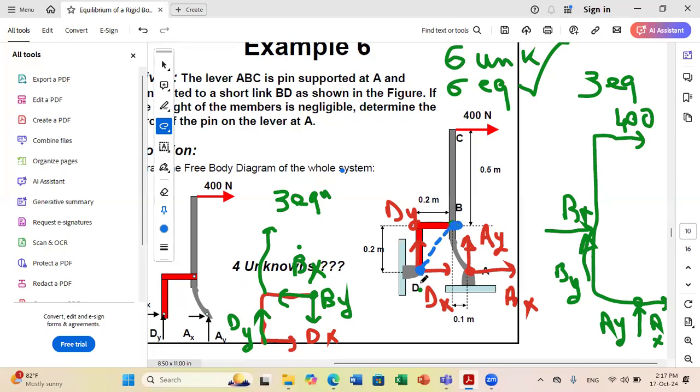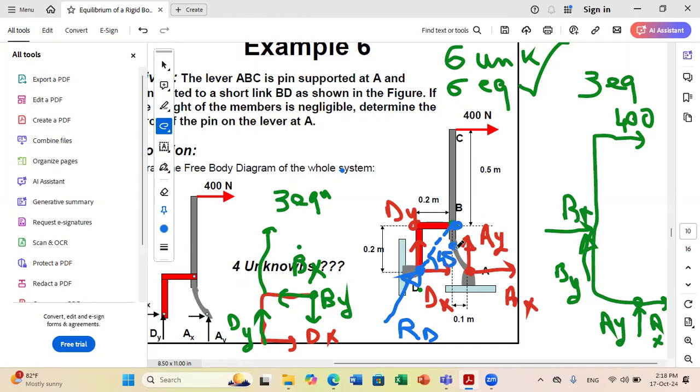So now I can say that at D, I am sure that the force RD is along this direction. So now RD is only unknown in magnitude, but not in direction. Here I have 0, 2, 0, 2, so this angle is 45 degrees.